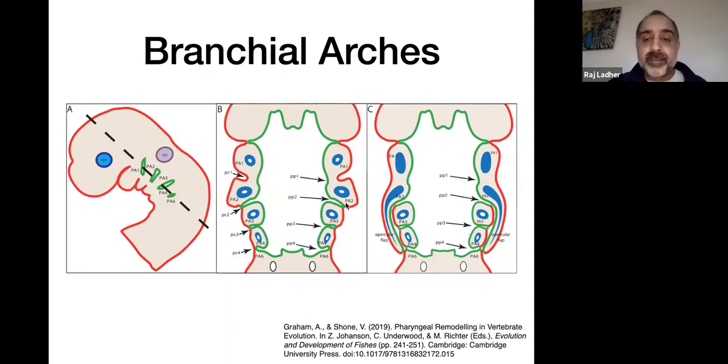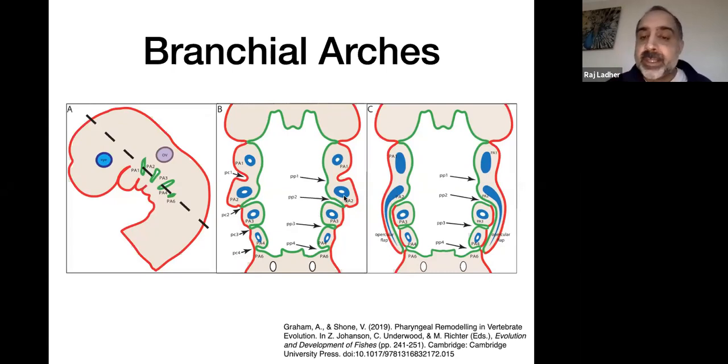So in fish, some of these arches are modified for particular phenotypes, and so here the second arch, the hyoid arch, gets modified to form the opercular flap, which generally covers the gill slits.